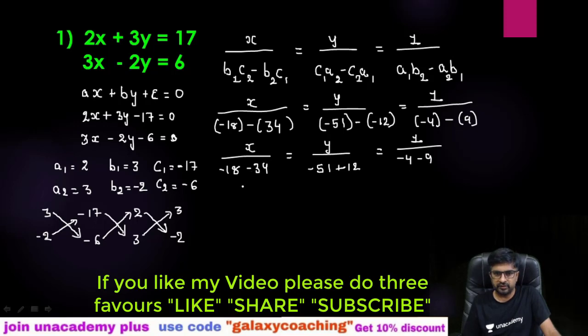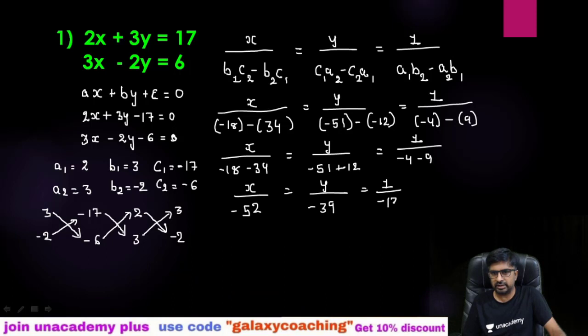So you will get x upon minus 52, y upon minus 39, and 1 upon minus 4 minus 9 will give you minus 13.